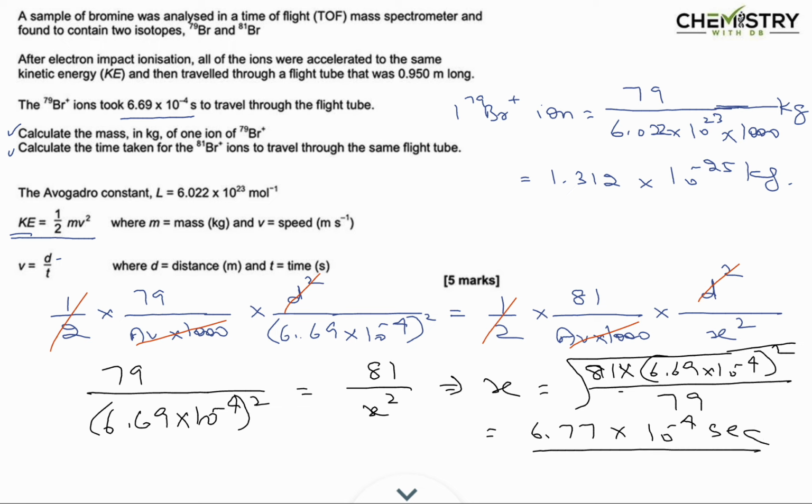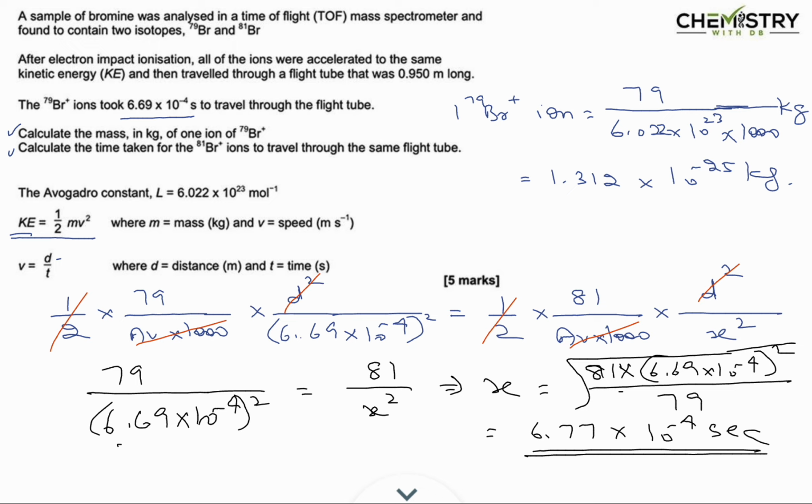As you must have seen, it became very easy when we cancel out the common species. We didn't even bother about those complex calculations to find out the mass in kilograms, because that's not necessary, as these figures are in any case going to cancel each other out. Another point to be noted here is that you should always have a cross check to see that the time taken for the 81 ion is not substantially different from the 79.